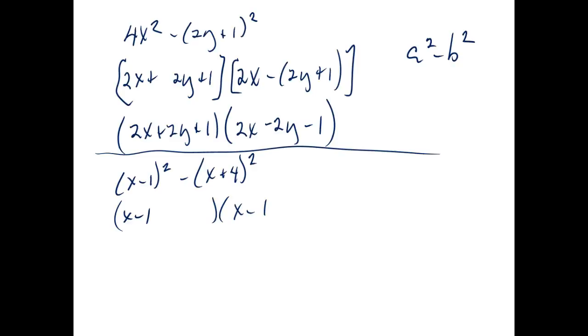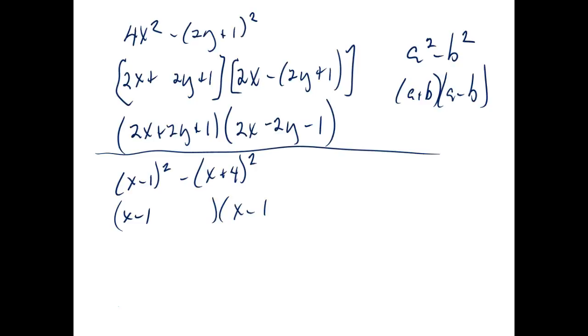You change this sign that follows it, but you don't change the a. Because that a stays a, right? That becomes a plus b times a minus b. Okay? The a stays the same. Your a here is x minus 1. That doesn't change. What changes is the sign here. One's a plus and one's a minus.